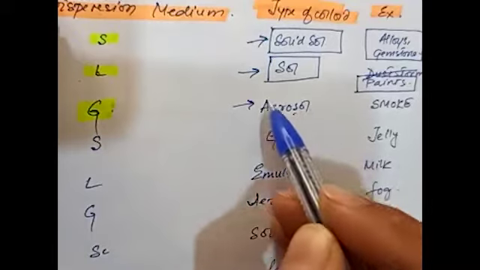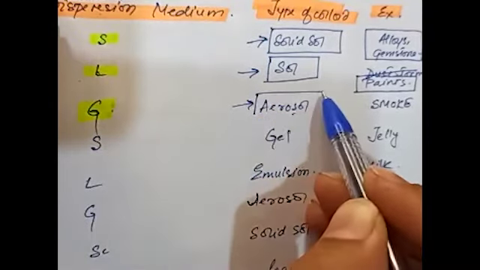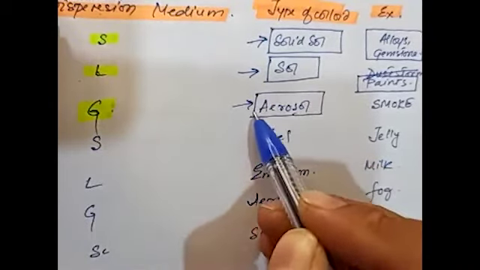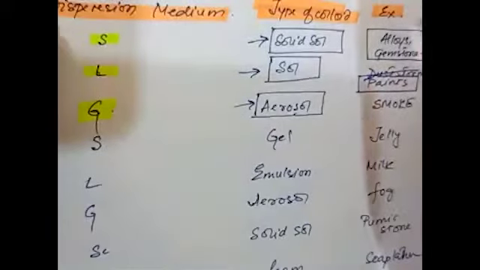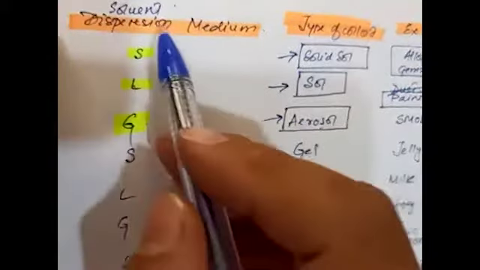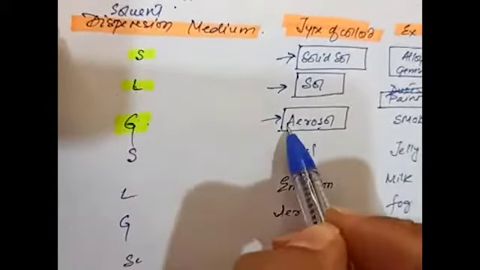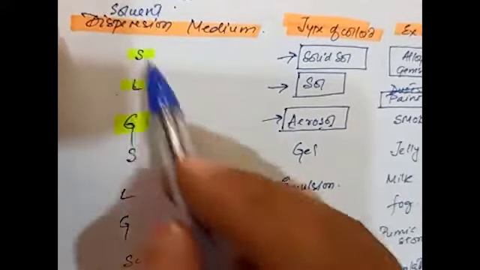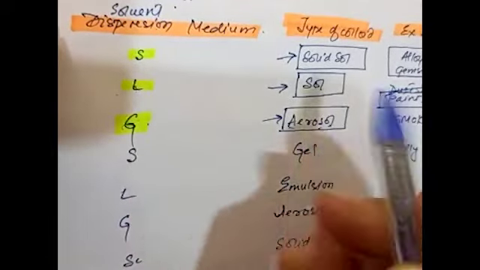Sometimes the police throw tear gas into the air, or laughing gas. These are some gaseous or solid particles which sometimes float in air. That is one example of aerosol. Aerosol means where the dispersion medium is air. Remember, if the solvent is air, then it is known as aerosol.